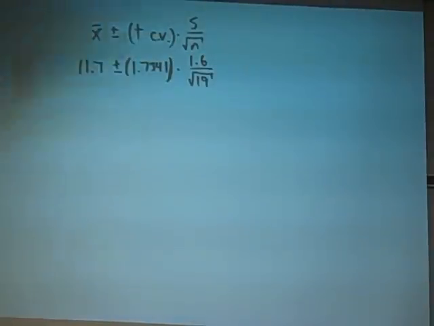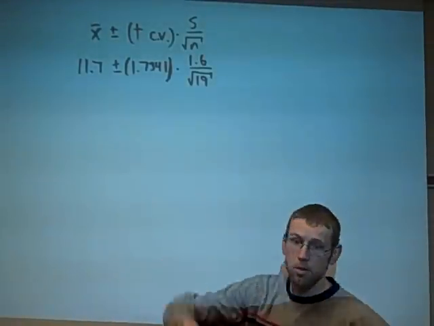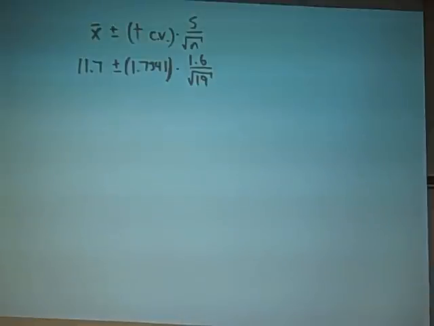So that's 1.7341 times S over the square root of n. Okay, so at this point we can find the margin of error. You still have a margin of error on these things, and this piece right here is still the standard error. So a lot of the terminology is still the same. The margin of error, if I'm calculating this correctly, is 0.6365.